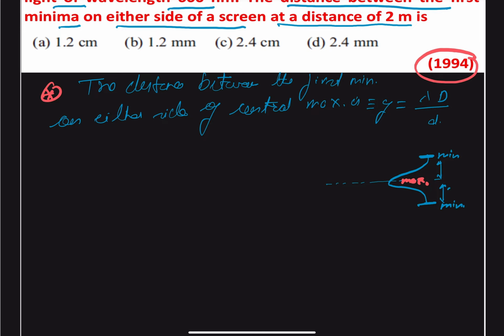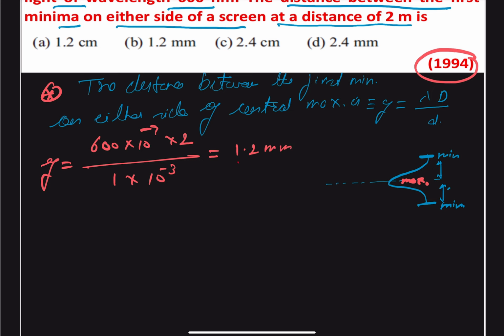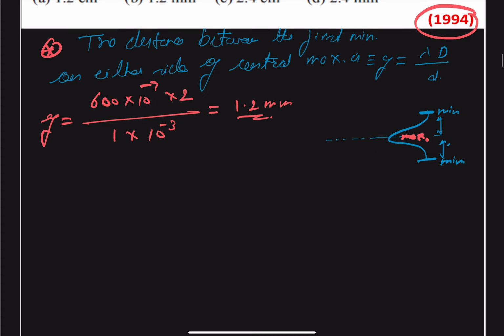So we substitute the values, we get y equal to 600 into 10 to the power minus 9 multiplied by 2, divided by 1 into 10 to the power minus 3, and this gives us 1.2 millimeter. So it means the distance of central maxima to the first minima on one side.